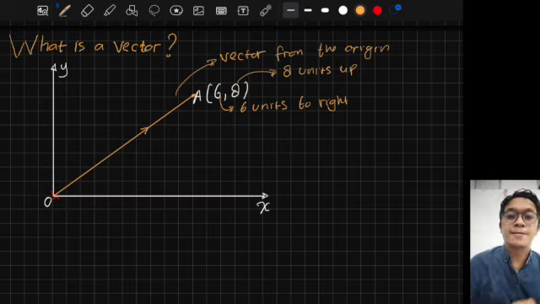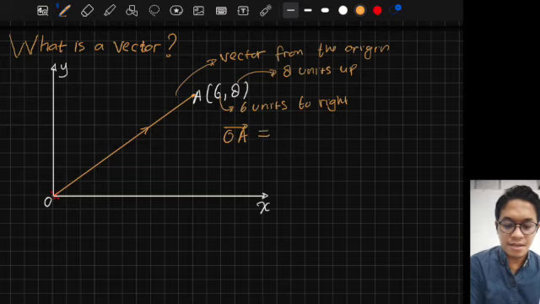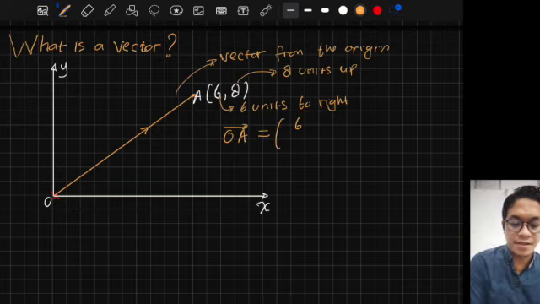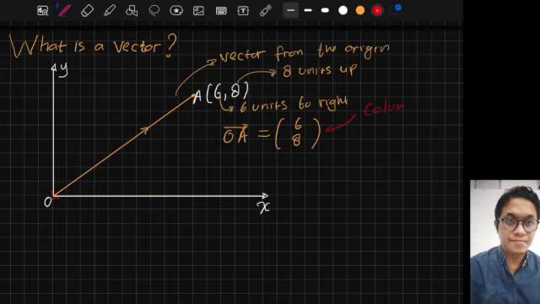We can say the vector OA is (6, 8). That means 6 units to the right and 8 units up. This is called a column vector, and this is one way to represent a vector.